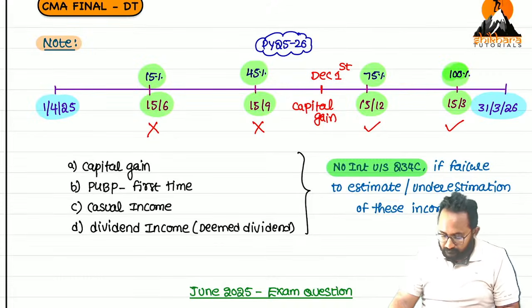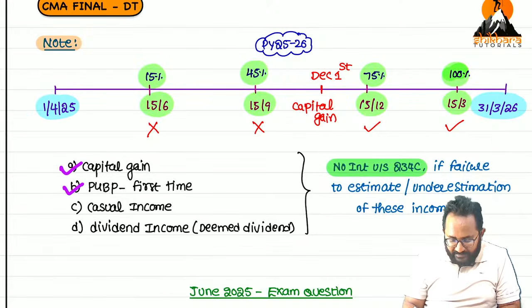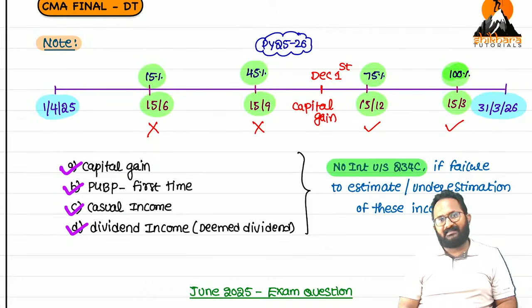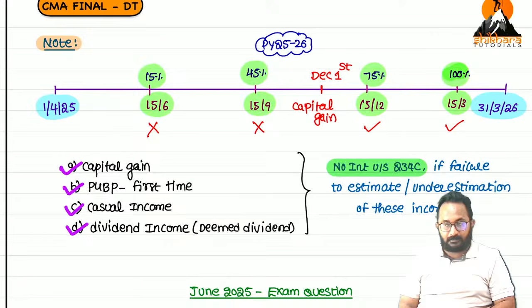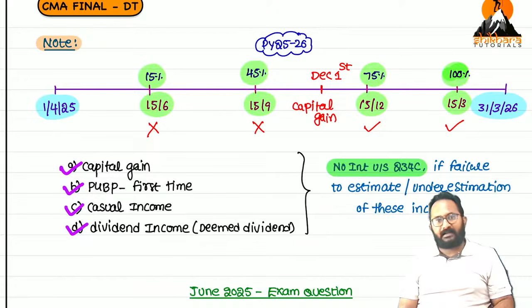Listen, these four incomes are highly unpredictable. When can we earn capital gain, and when can we get business income for the first time? If I started the business for the first time, how much income I will earn, I don't know. Next, casual income, and dividend income including deemed dividend. These are unpredictable and we don't know when we will get this income.